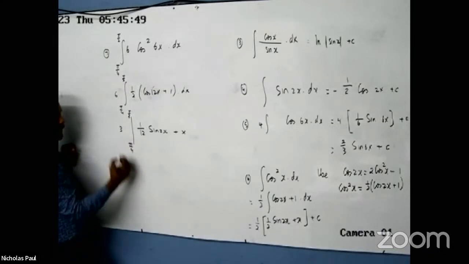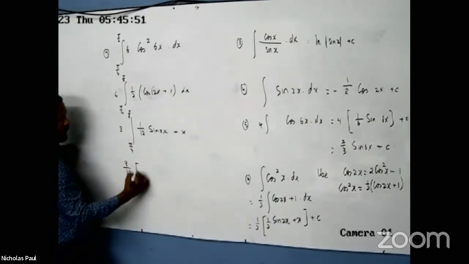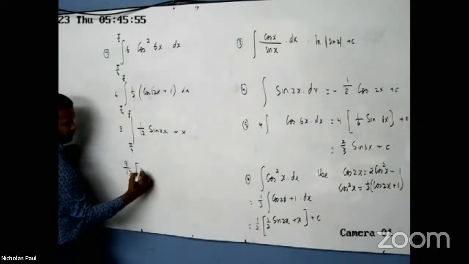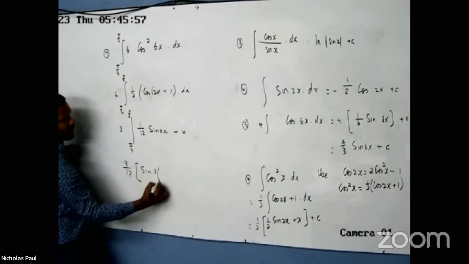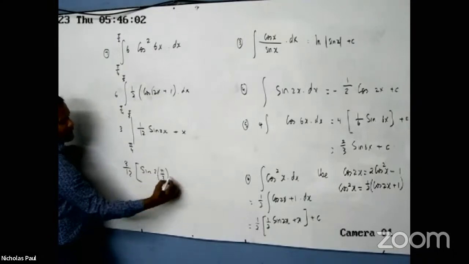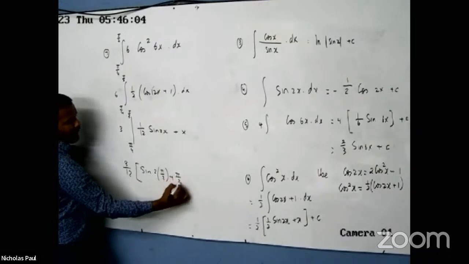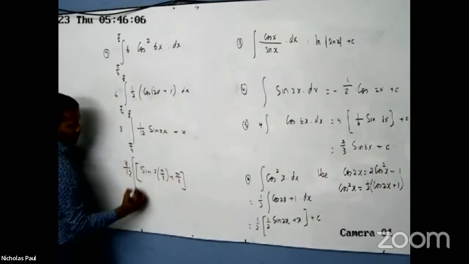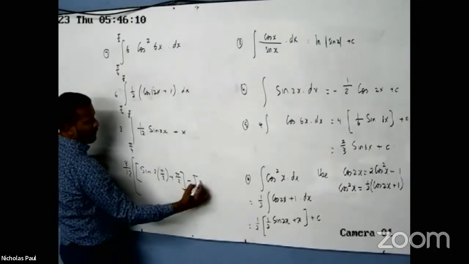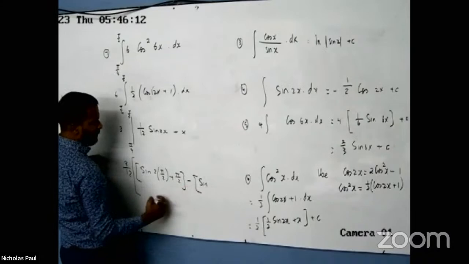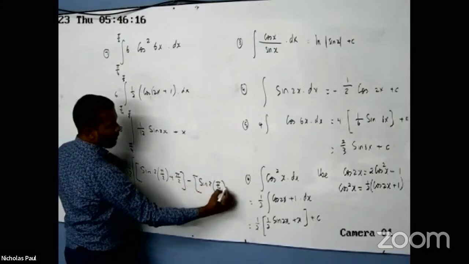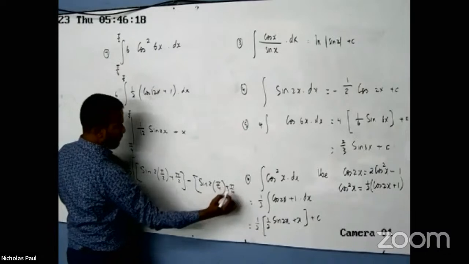So you can pull out this 3 on 12 and then plug in pi on 2 and then plug in pi on 4. It may not look nice, but you have 2 by pi on 2 plus pi on 2, minus sine 2 by pi on 4 plus pi on 4.